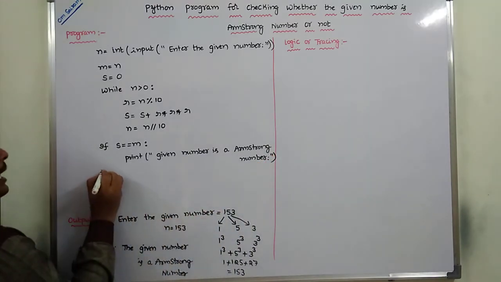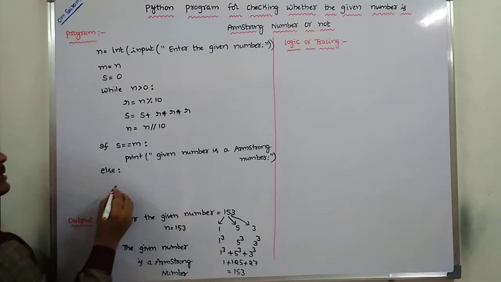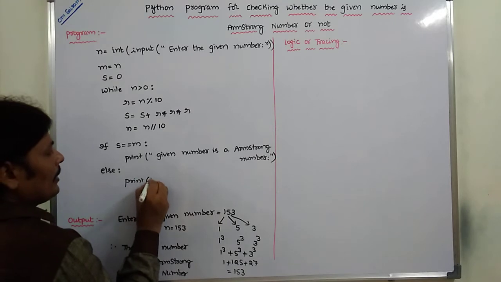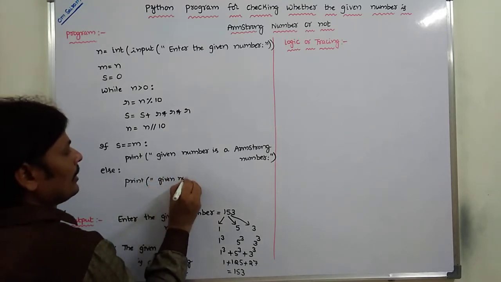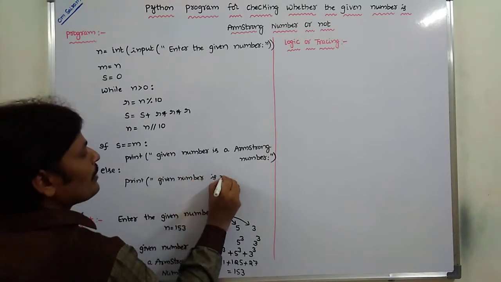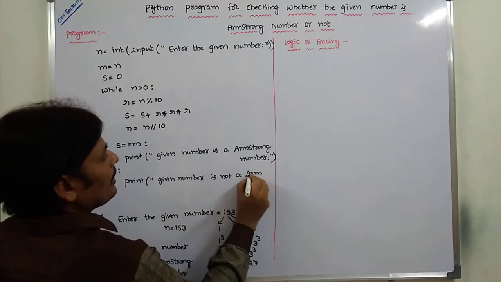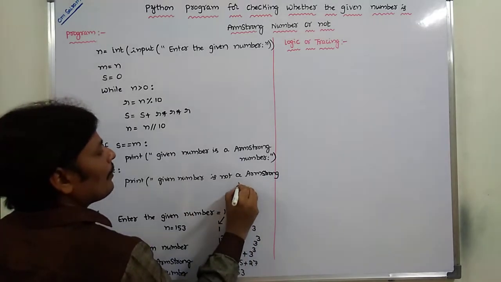Okay. Else, put colon after else. Again print "Given number is not a Armstrong number".